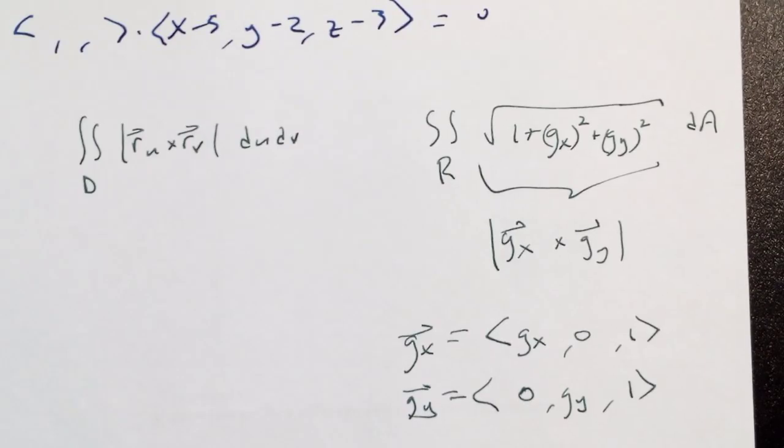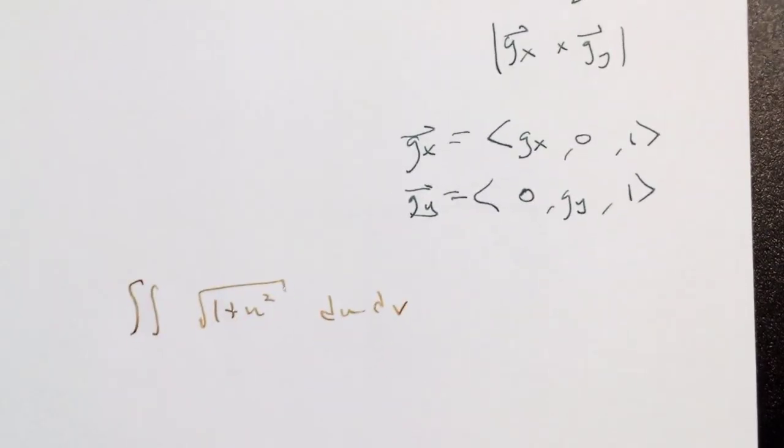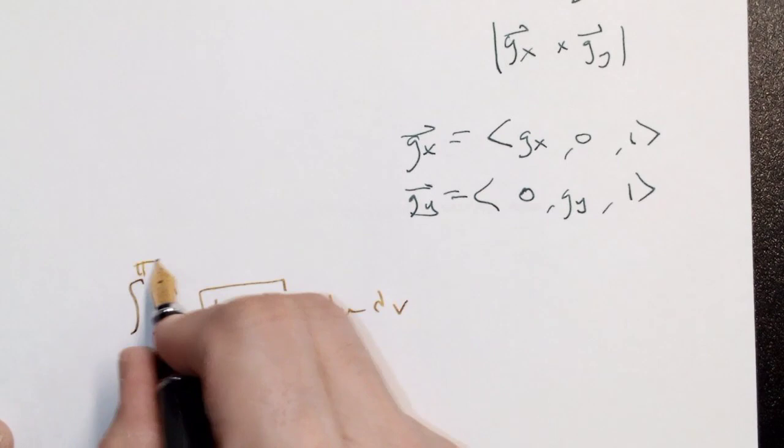Four questions. Fifteen 43. I got the integral of the root of 1 plus u squared. Like this. What are my limits of integration? Yeah, 0 to 1.